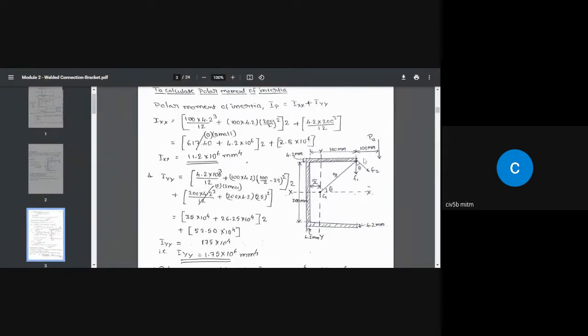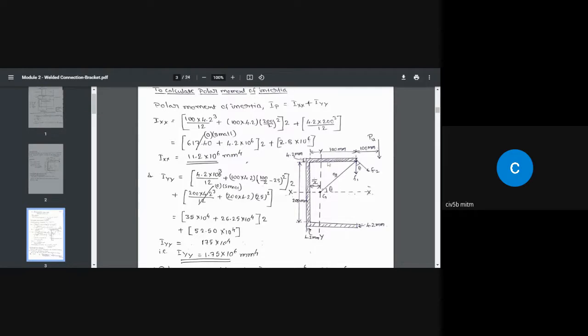So when finding the moment of inertia of this about this axis, we need to apply the parallel axis theorem. So the moment of inertia of this area about this axis is given by BD cube by 12, the moment of inertia of the rectangle about its own centroidal axis, plus the area of this weld, 100 by 4.2, multiplied by the square of the perpendicular distance between those two centroids. This is the individual centroid and this is the main centroid.